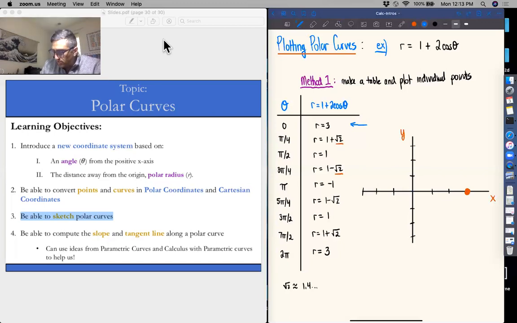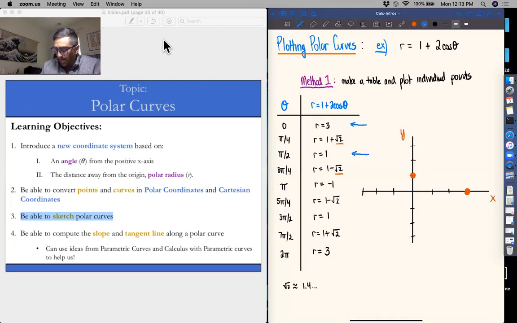I'm going to skip that one for now and plot at pi over 2. At an angle of pi over 2, we're straight up along the y-axis, because we define our angle theta off of the x-axis, and we are a distance of 1 away. So even though we're along the positive y-axis, we're 1 unit from the origin.